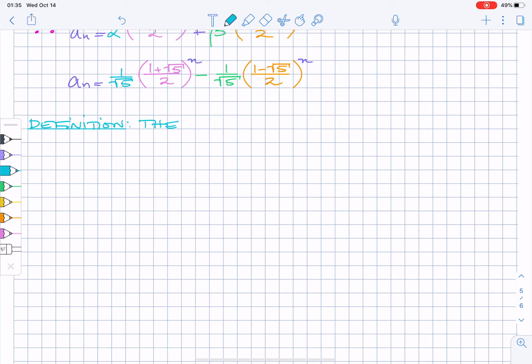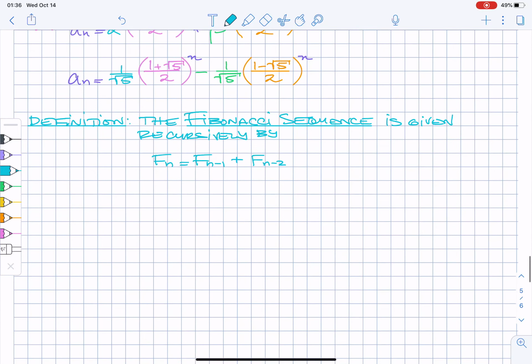The Fibonacci sequence is given recursively by capital F sub n equals capital F sub n minus 1 plus capital F sub n minus 2, where F sub 0 is 0 and F sub 1 is 1.